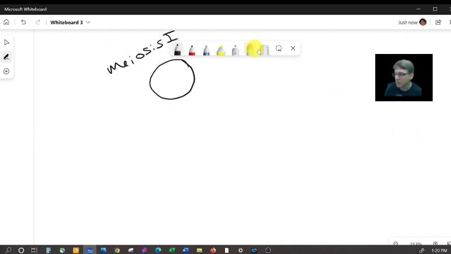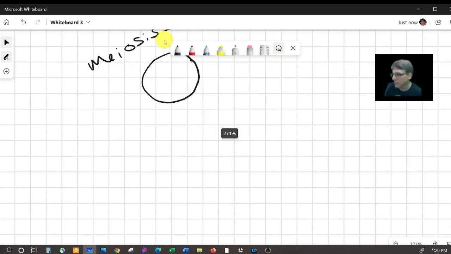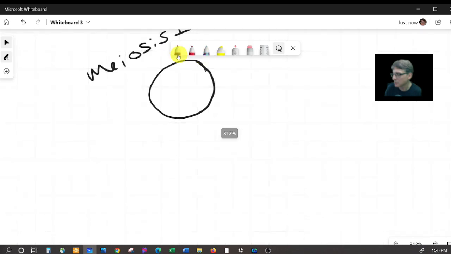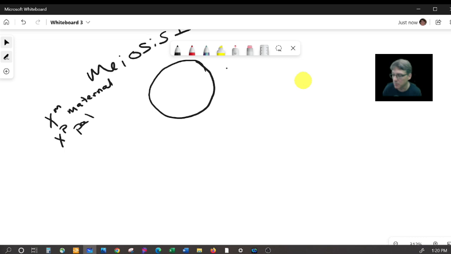And so if we have a cell, for instance, and for this case, I'm just going to draw X chromosomes, okay, and I'm going to indicate with an M or a P, we're going to say XM is the maternal chromosome, and XP is the paternal chromosome.